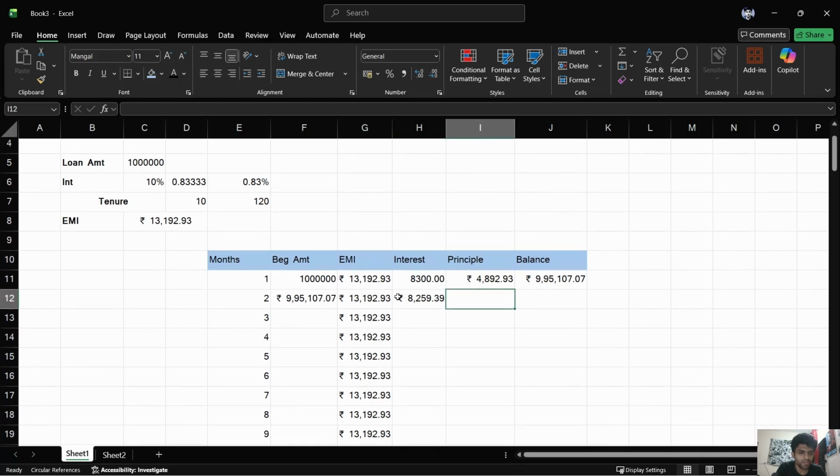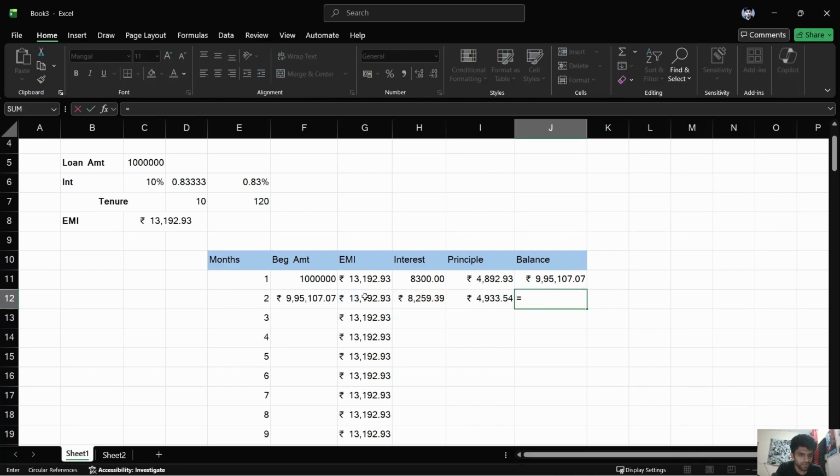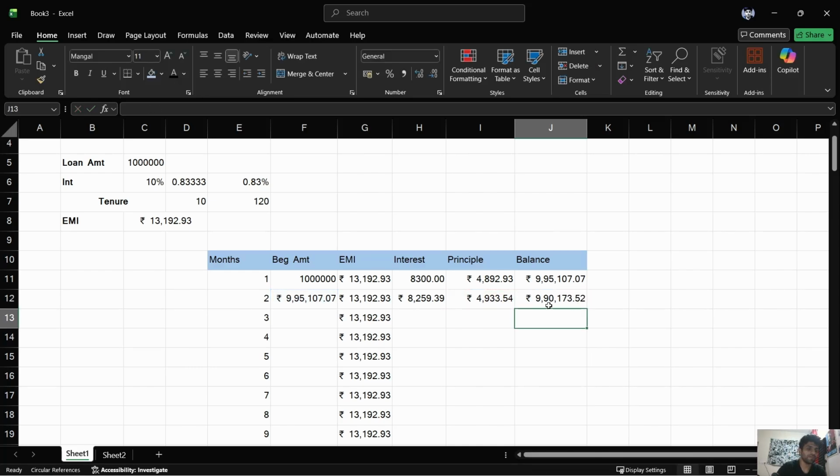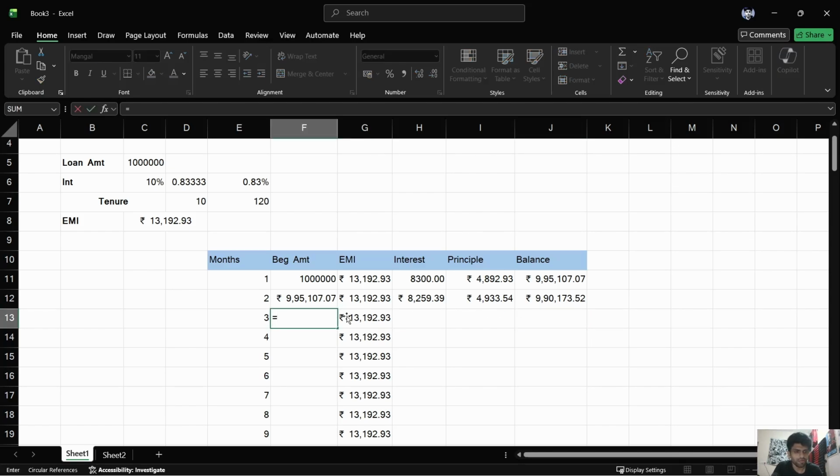Similarly, deducting from the EMI, once we deduct the interest, we get the principal amount which we are repaying. And when we deduct the principal from the beginning amount of the month, we get the balance, now we have to repay 9,90,000.